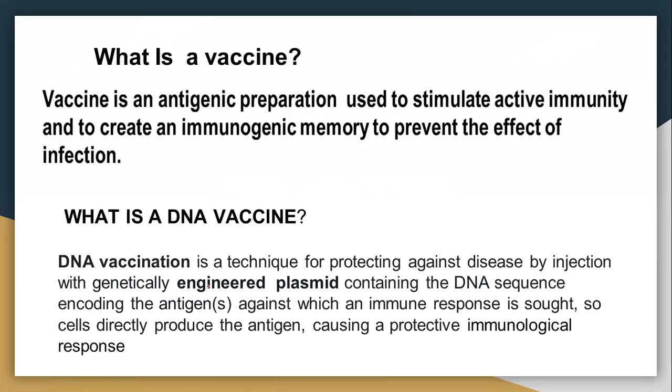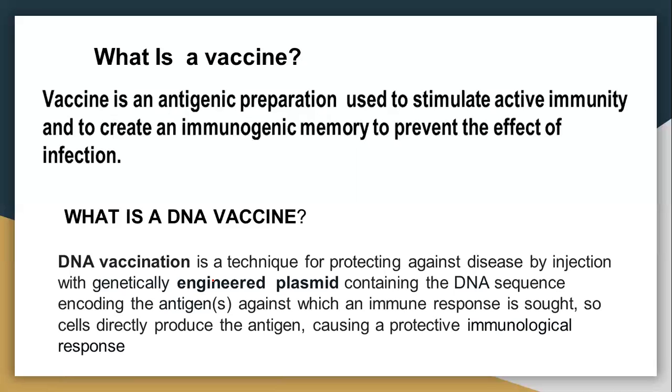Now, in the case of humans there is no DNA vaccine available, but in the case of animals two successful DNA vaccines are available in the market, and still much research is going on to develop new DNA vaccines. So let's see how a DNA vaccine works, how it increases our immune response and how it develops memory response, right?